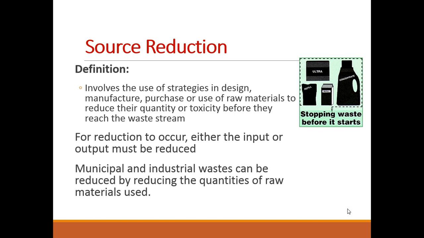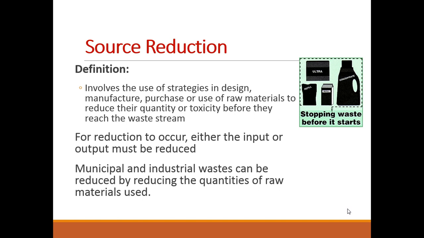So for waste reduction, source reduction, either the input or the output must be reduced. As we looked at before, in the reduction of input, maybe through the consumption of raw materials, how much raw materials are we consuming? Can we find ways to reduce the consumption so that we reduce the amount of waste that is produced?